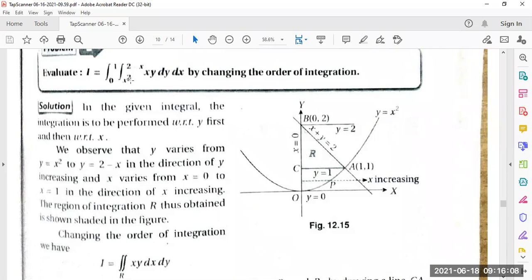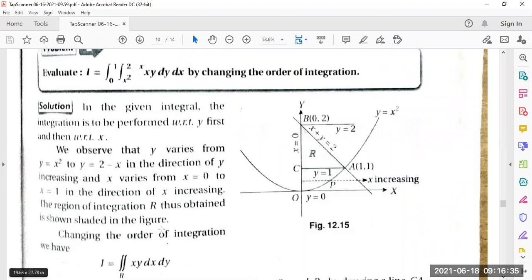Here the limit is given, in the direction of y increasing, means this direction. And x varies from 0 to x equal to 1 in the direction of x increasing, that is this. The region of integration is thus obtained, shown as the shaded region.